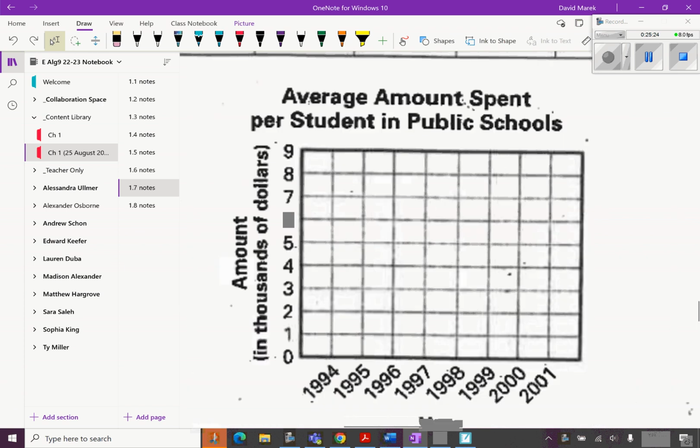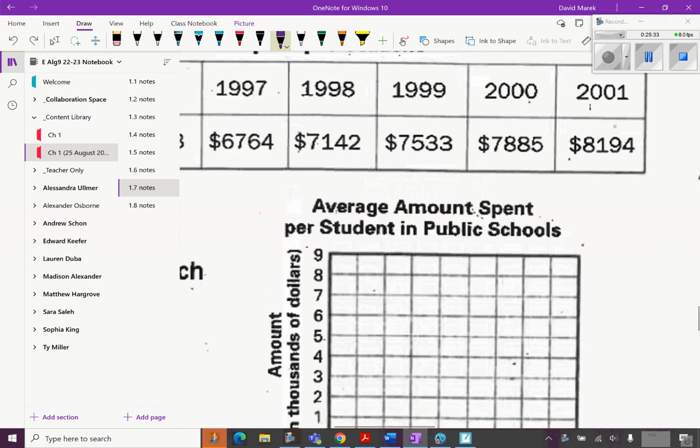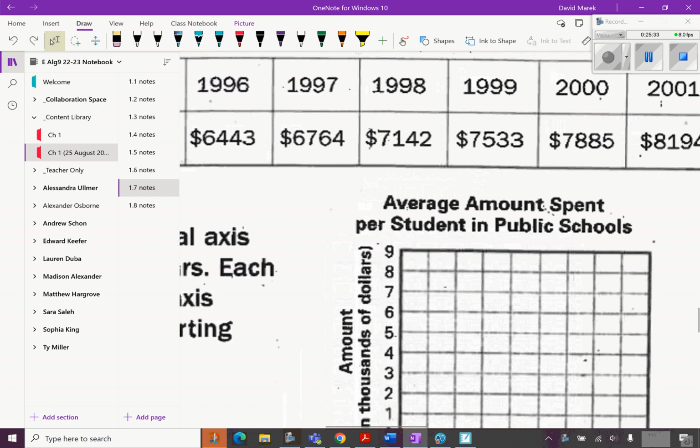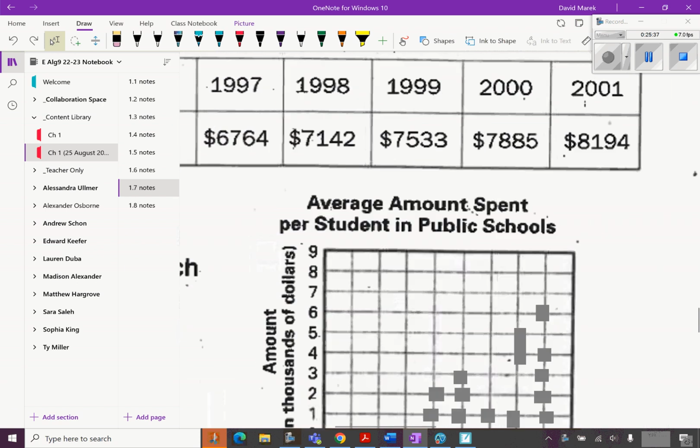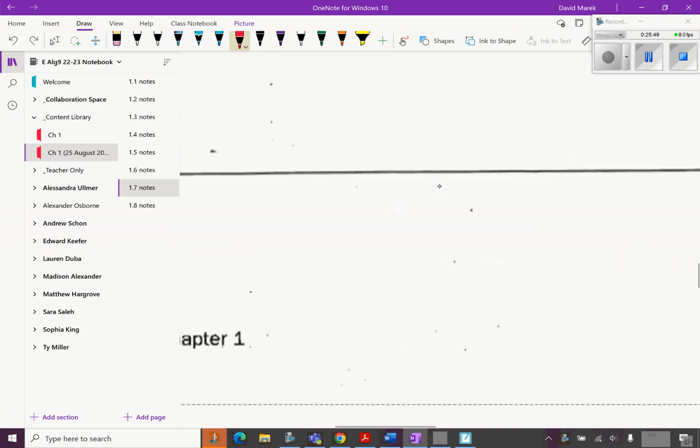Okay, so again, we're starting with the title down here that it's years, and each of these vertical lines is going to represent a different year. Our data here starts in 1994, it ends in 2001, so we're not going to make any marks on this or on this because those aren't labeled. We don't have data.